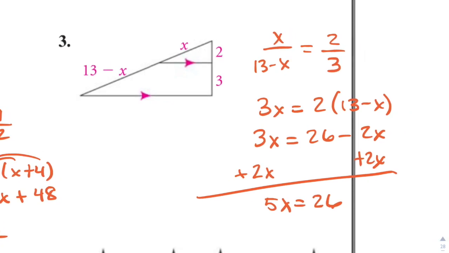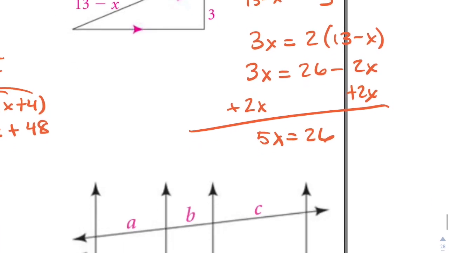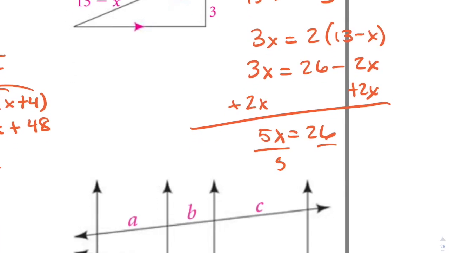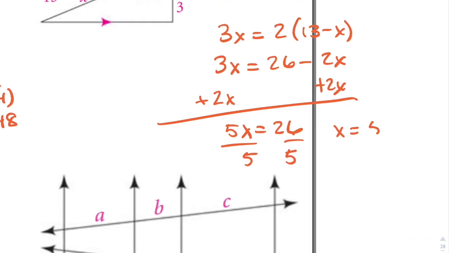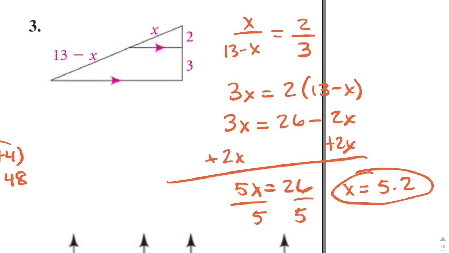To do this right, 13 minus x times 2. Yep, so divided by 5. X equals 5.2. I believe that's right. 5.2 is to 7. Yep.